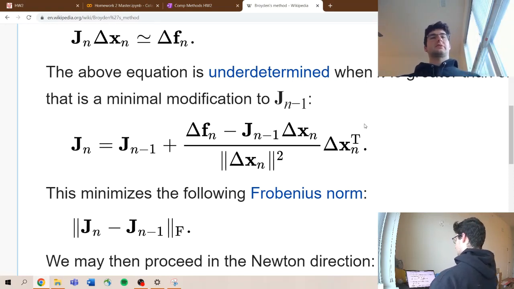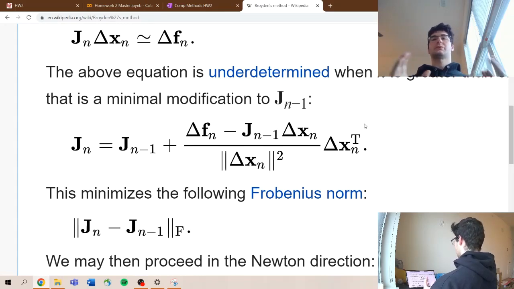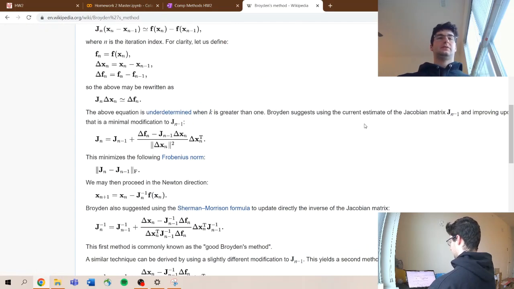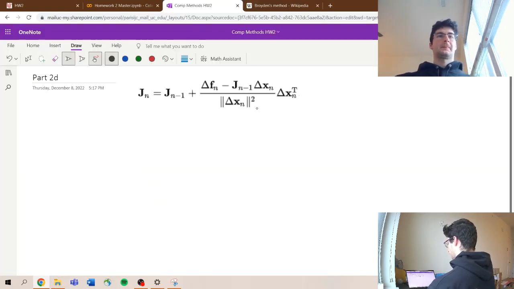We're going to derive this to show exactly how he got there and why it works and why it makes sense. I have here a blank OneNote where I copy and pasted that equation, and that's going to be our starting and ending point.